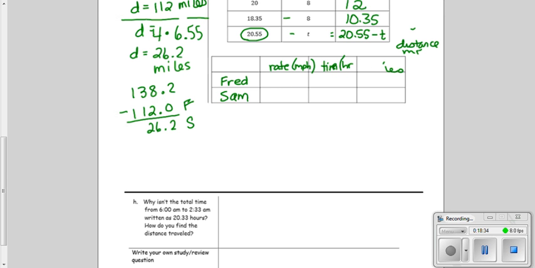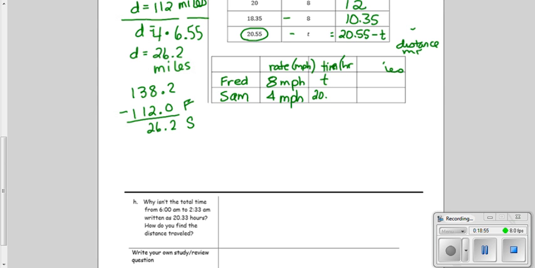The rate for Fred was 8 miles per hour. The rate for Sam was 4 miles per hour. The time in hours for Fred, we used t, and then for Sam, it's the difference between the total and Fred's time.